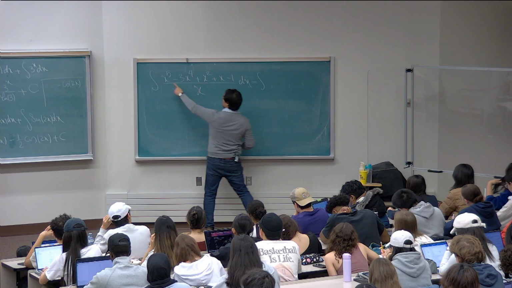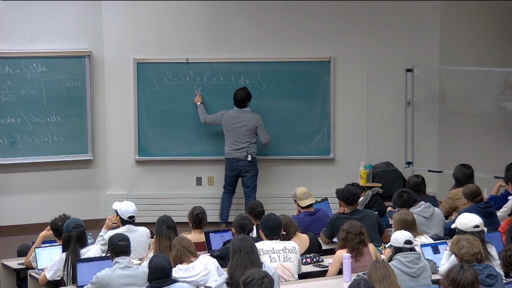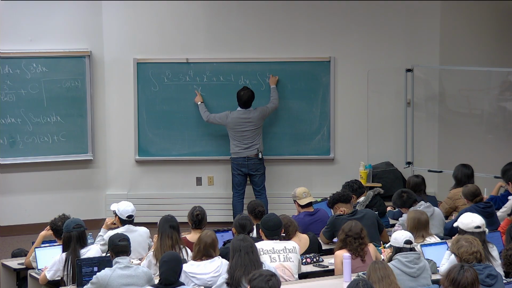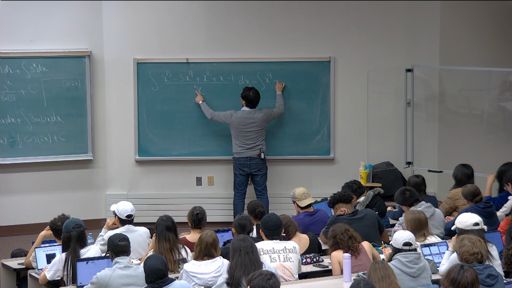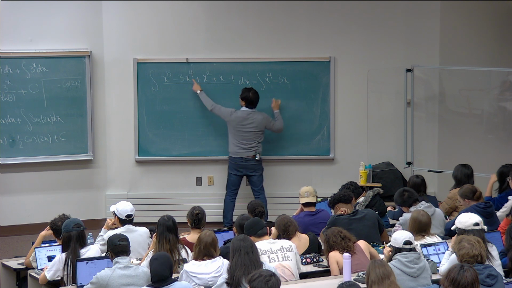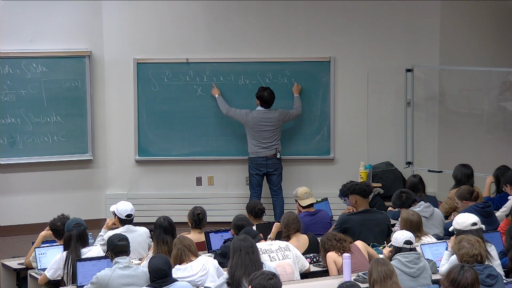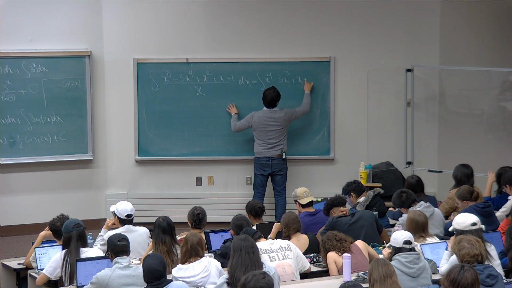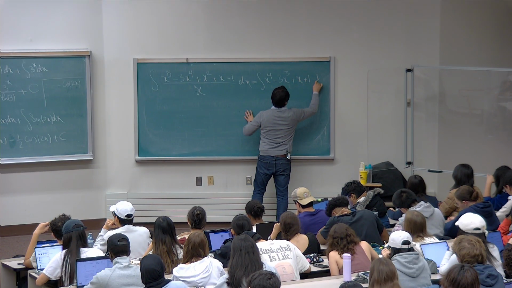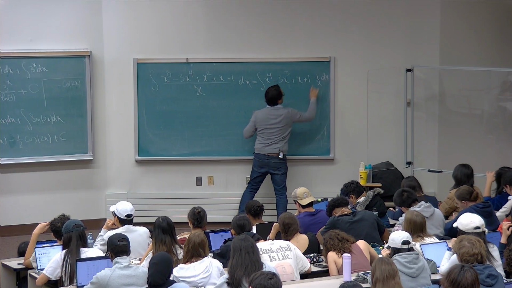So the first term would be x to the power 5 over x, that's x to the power 4, minus 3x to the power 4 over x, that's x to the power 3, plus x plus 1 minus 1 over x dx.